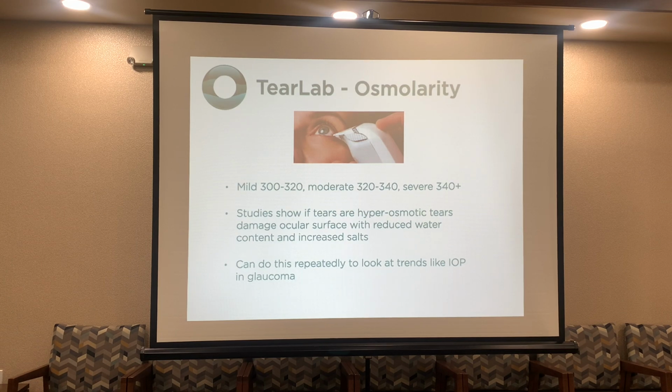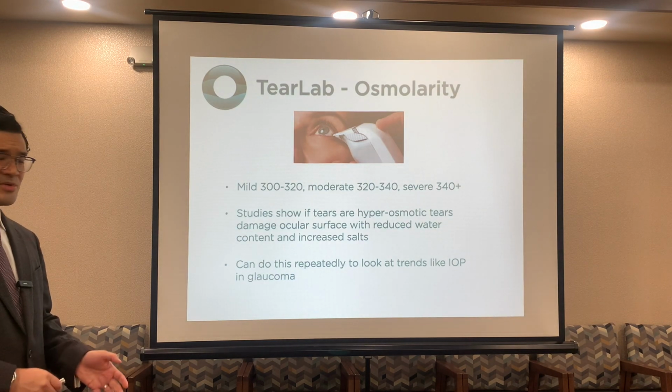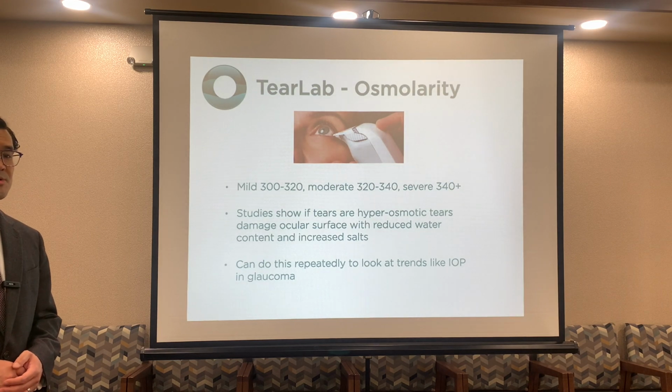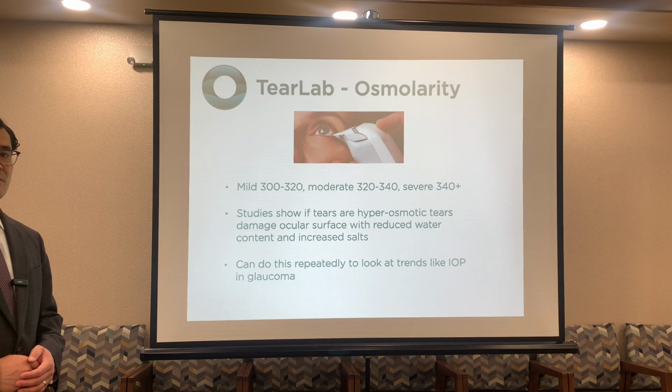We'll have patients that are above range, like they're not even measurable because they're off the chart. So if tears are hyperosmotic, then there is reduced water content, or in other words, increased salt content of the tear, and that causes chronic damage to the ocular surface.